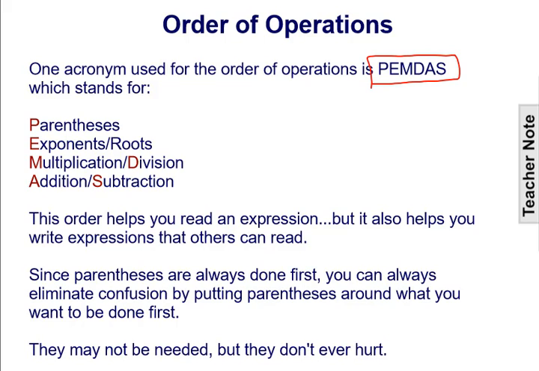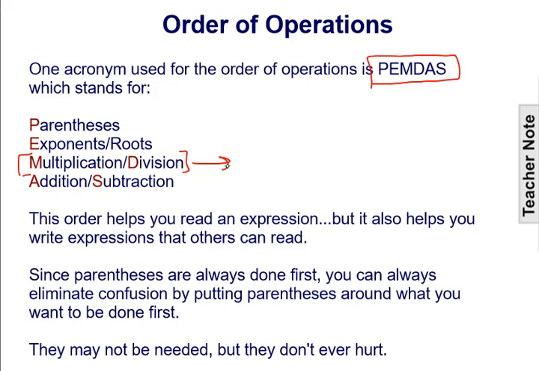Another thing to note is that even though parentheses always come first followed by exponents, the multiplication and division and the addition and subtraction steps are not always done in that order. Multiplication and division are done reading from left to right.